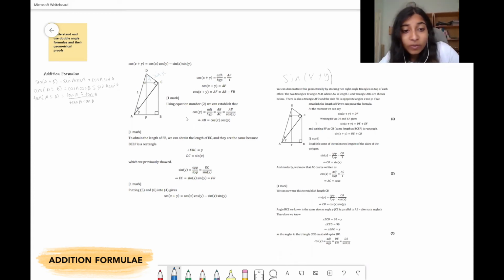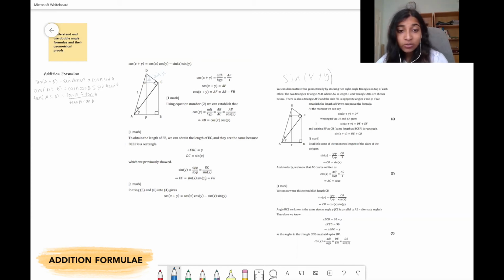So now if we wanted to work out FB, we can work out what EC would be. Using trigonometry again, this would be a right angle triangle here. We can show that sine y is just equal to the opposite, which is EC, over the hypotenuse, which is CD.